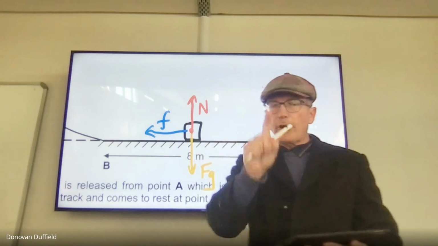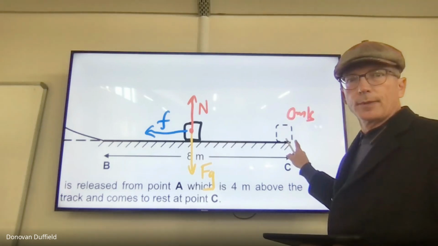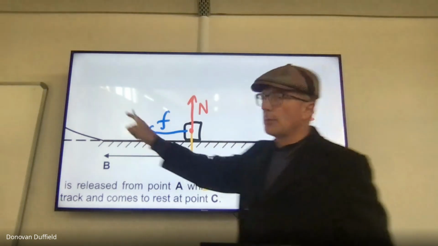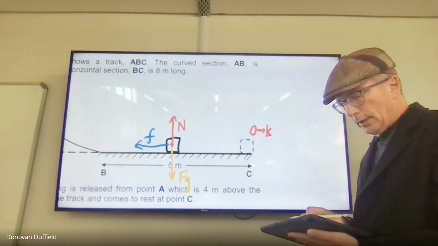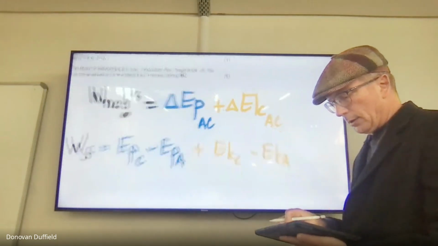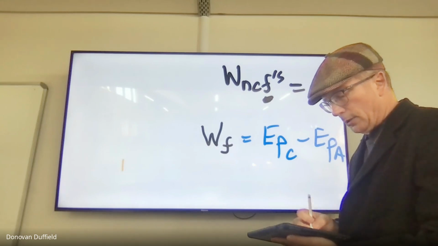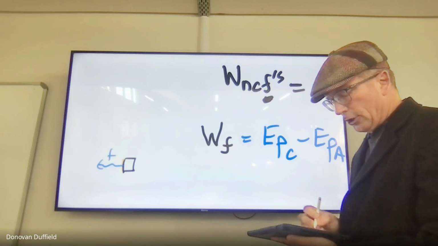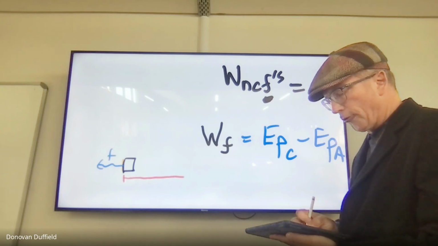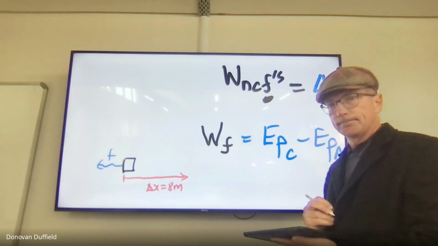And where the friction acts is over 8 meters between B and C. The friction is not acting between A and B, so we don't have to worry about that. If you look at the block, the friction is acting there, and the change in position when the friction is acting is 8 meters.